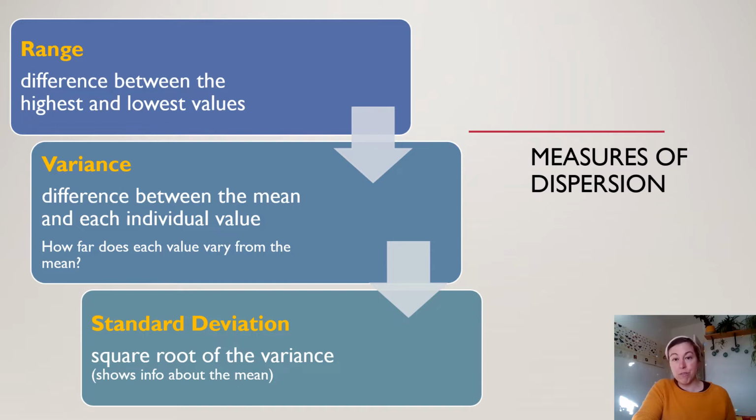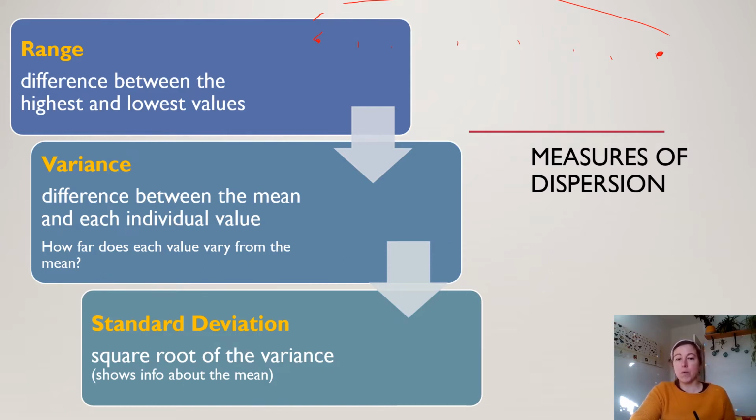What do I mean by measures of dispersion? This is how we measure how spread out our data points are. So the classic one is range, where we just have a list of numbers and we look at the biggest one and the smallest one and what's the difference between the two. Variance is a little bit more complicated than range.